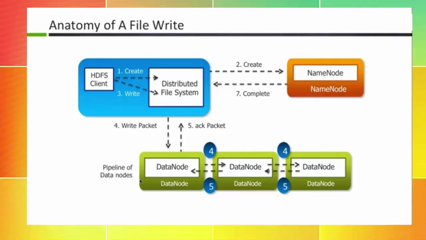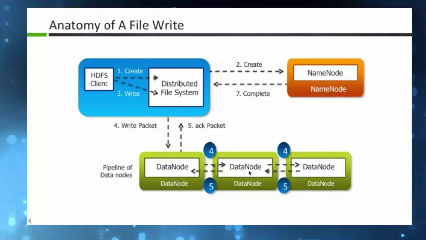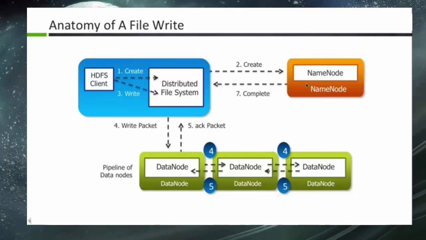Okay, is that clear? Okay, Praneeth, if any of this fails, it will be considered as a failure. If this fails or this point fails, this point fails, this point fails, everything is considered a failure. Only when I get this acknowledgement packet back and I send this to the name node, this is considered as done. Okay.